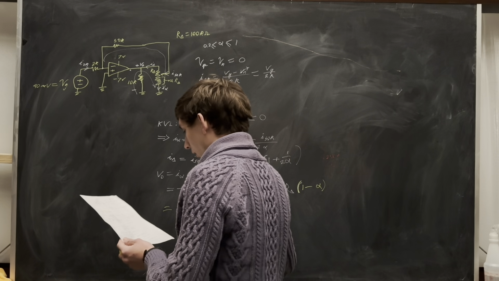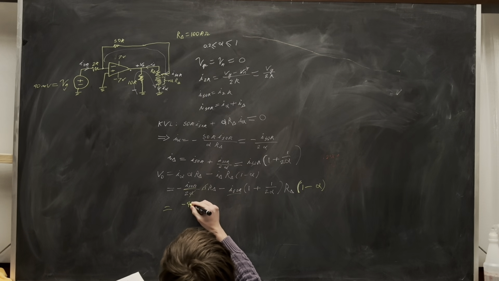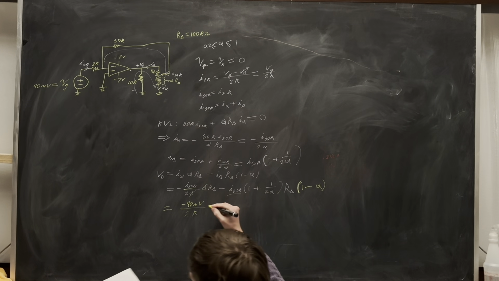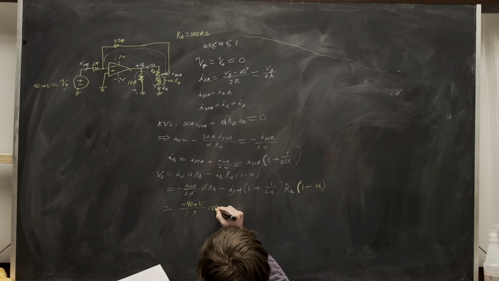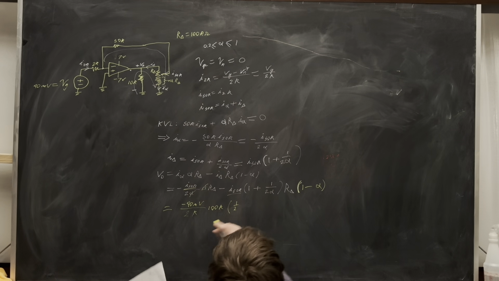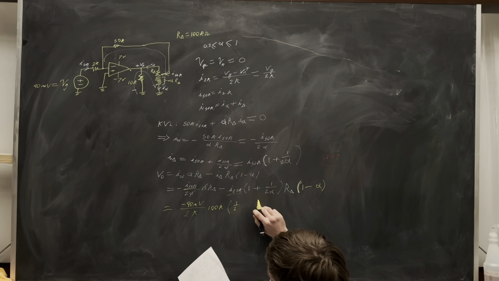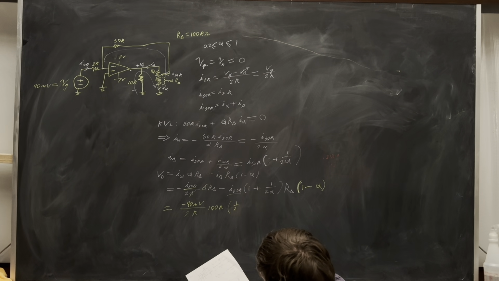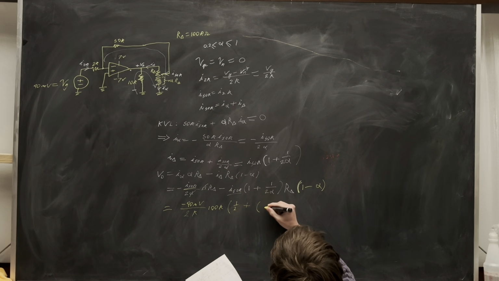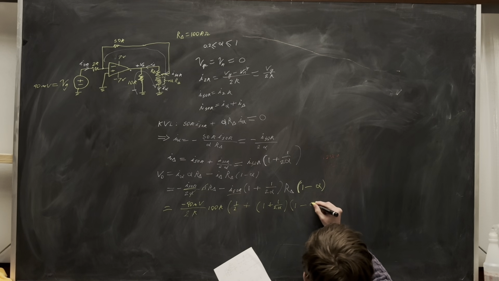So minus 40 millivolts over 2 kilo ohms times 100 kilo ohms for R delta times 1/2 from 1/2 here, plus 1 plus 1 over 2 alpha times 1 minus alpha.